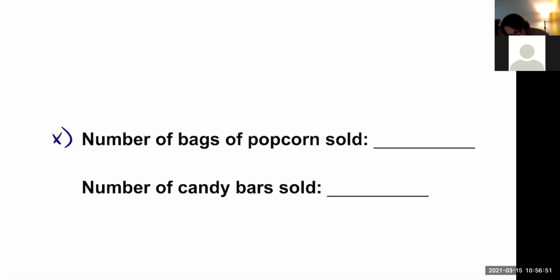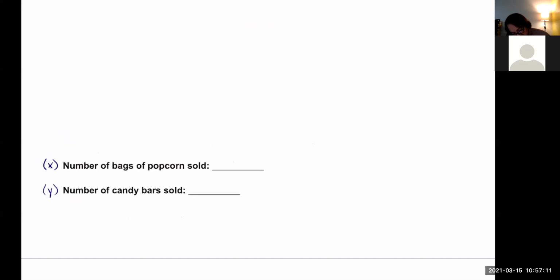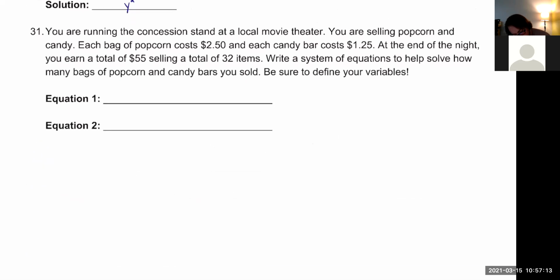So anywhere that I'm talking about bags of popcorn sold, I can use X. And then the number of candy bars sold will be my Y. So that is essentially me defining my variables in a slightly lazy fashion. But then I come up here to the word problem, and now I need to come up with two equations in order to be able to solve how many of each item was sold.